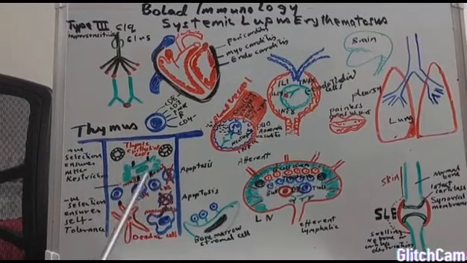However, the positively selected cells, as we call them, go deep and interact with macrophages and dendritic cells, and now they can see the body antigens.